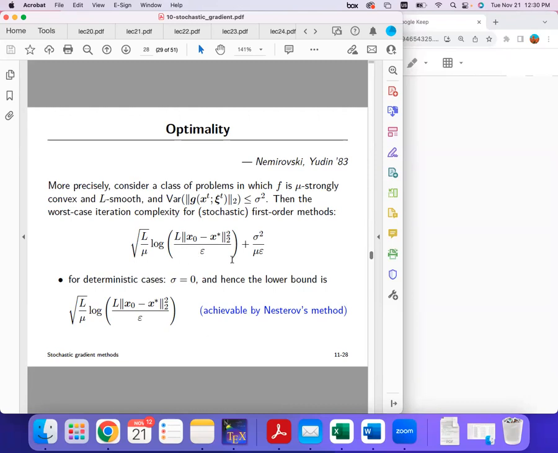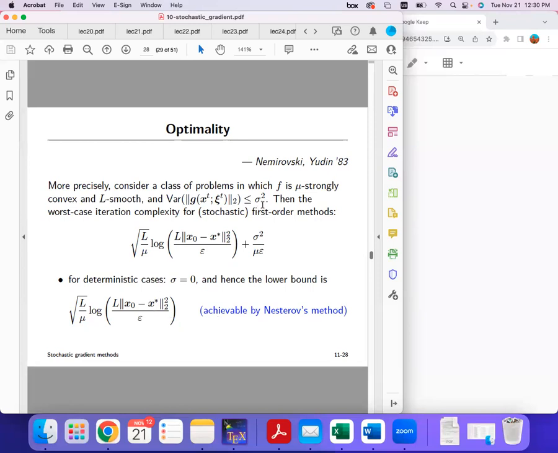In particular, if we do not have noise, consider the gradient descent case, sigma equals 0, then the lower bound only contains the first term. And this is the convergence rate that is achieved by Nesterov's accelerated gradient method. We have talked about this before.